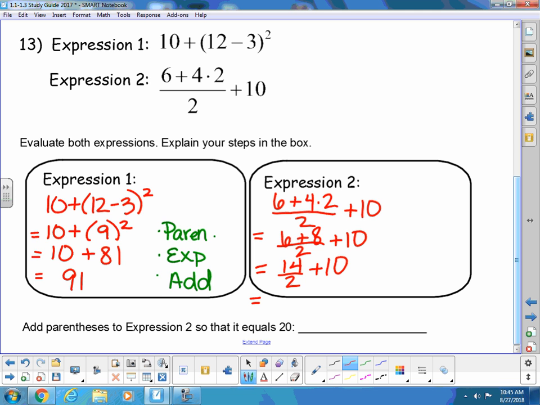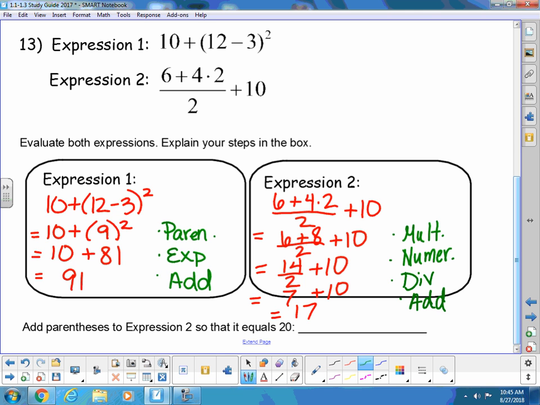Then divide, which gives you 7 plus 10, which gives you 17. Again, quick explanations. The first thing you did to get to this step was you multiplied. Then you simplified the numerator. Then you divided. Then you added.